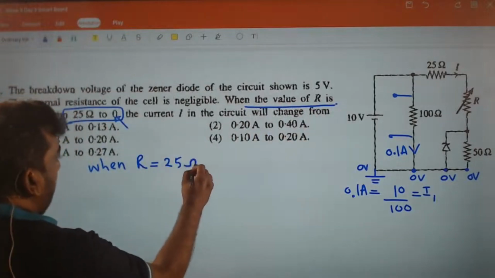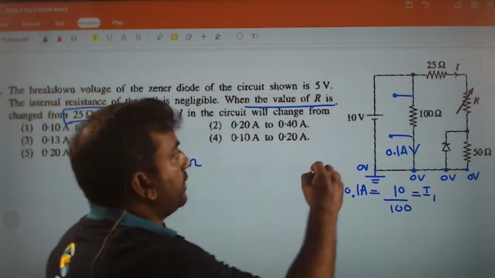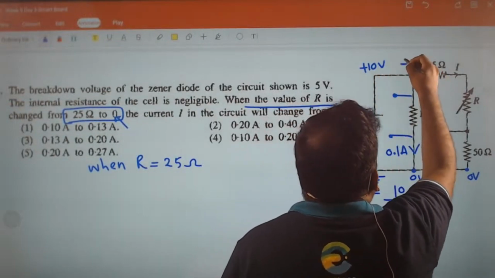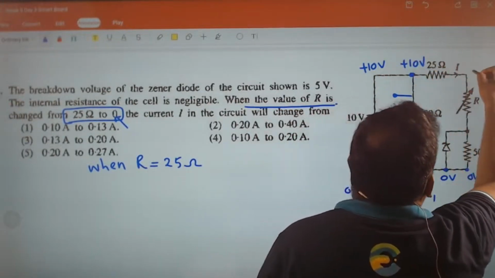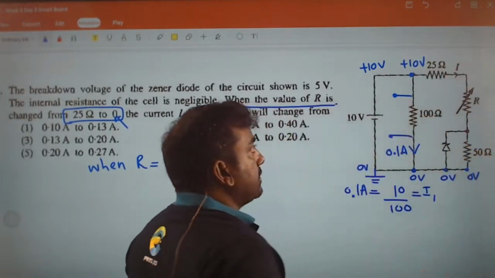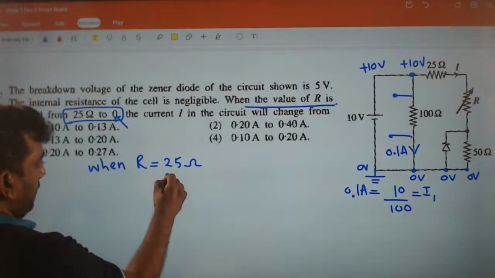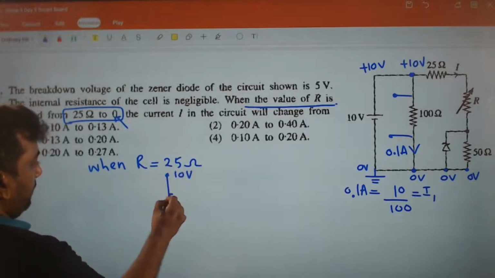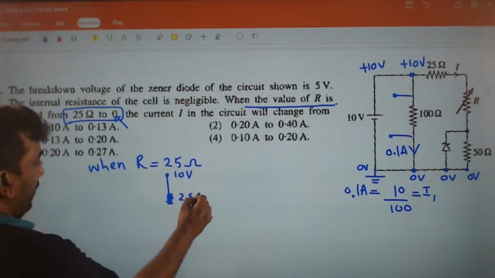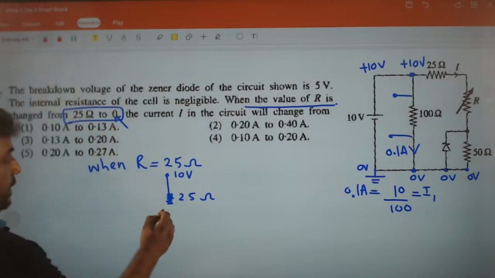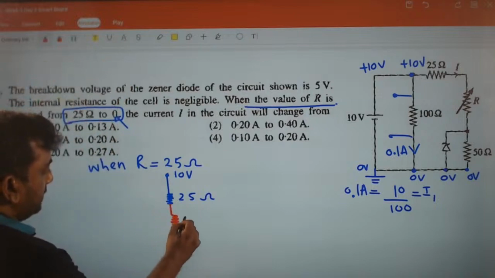So if there is 25 ohm here, 10 volt, here 10 volt, this branch. So here 10 volt is there, and 25 ohm is anyway there. Here resistance is 25 ohm.